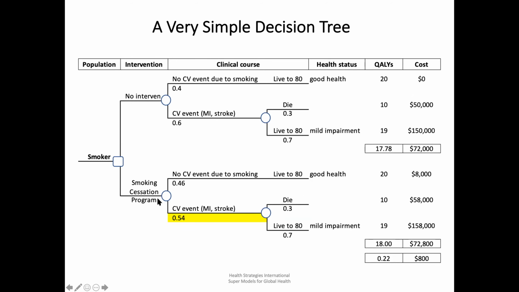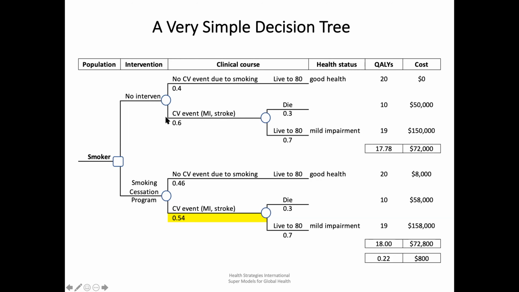The clinical course here, again, profoundly simplified, is that the person without an intervention has a 40% chance of no cardiovascular event due to smoking. As a result, they live to age 80, their health status is good, and their quality adjusted life years is 20, with no cost. They didn't do the intervention, and they didn't have any associated health events.